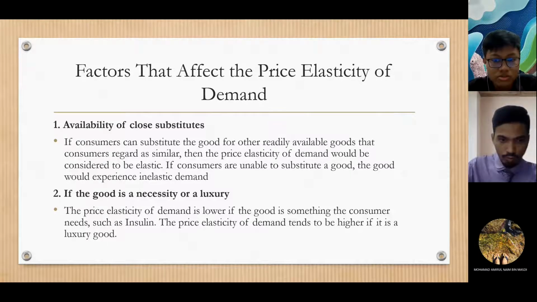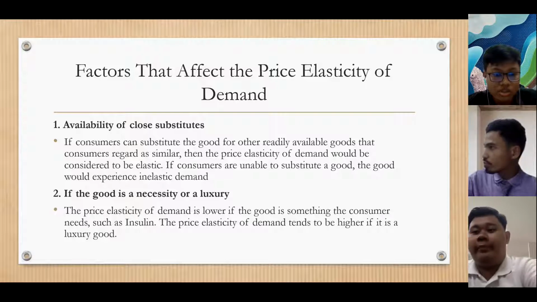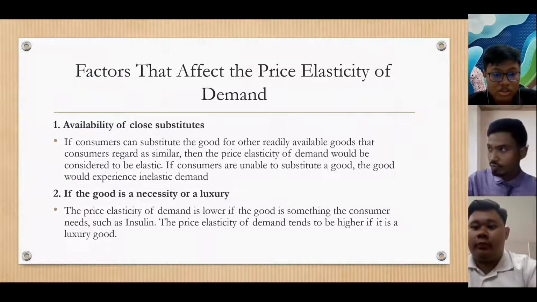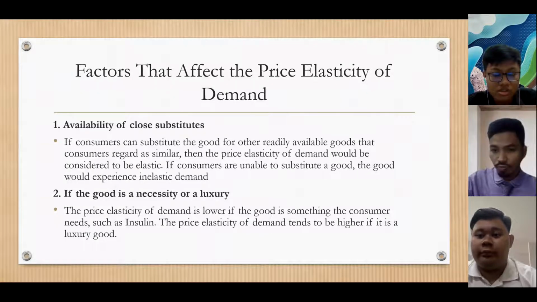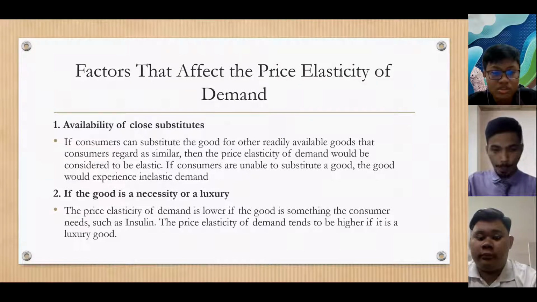If consumers are unable to substitute a good, the good will experience inelastic demand. Second, whether the good is a necessity or a luxury. The price elasticity of demand is lower if the good is something the consumer needs, such as insulin. It tends to be higher if it is a luxury good.